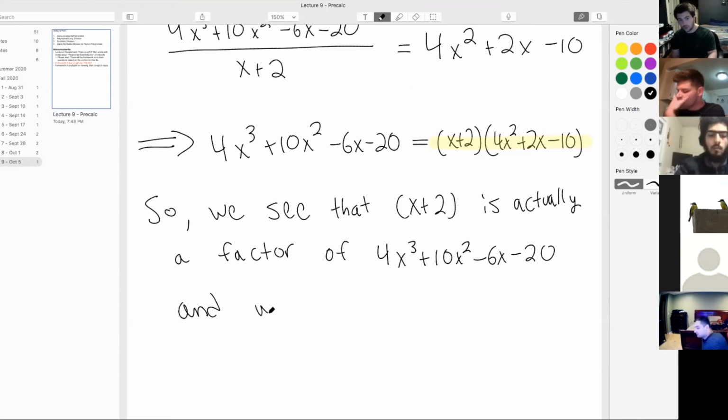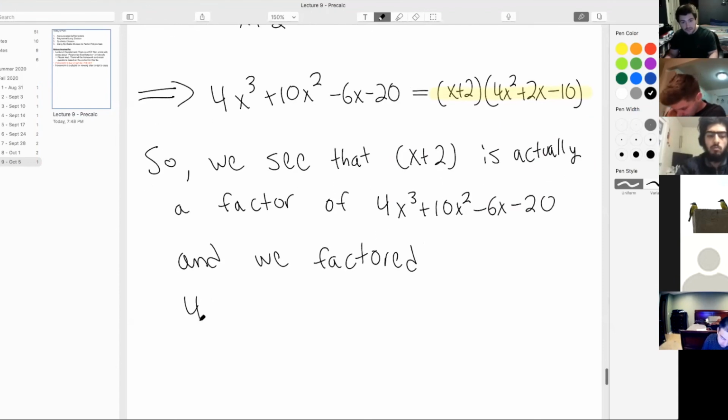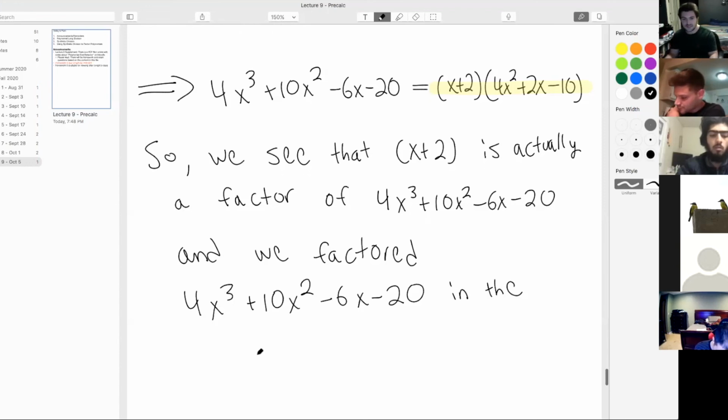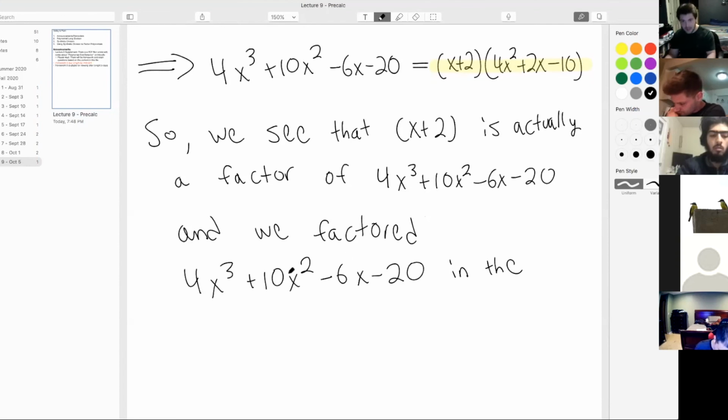And we factored this polynomial in the process. It's a pleasant consequence that we were able to factor it. So a remainder of 0 is a very nice thing because we can get a factorization of that numerator.